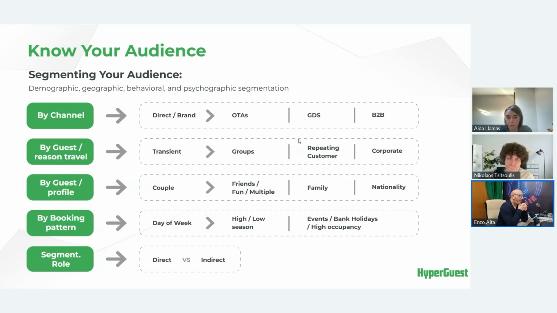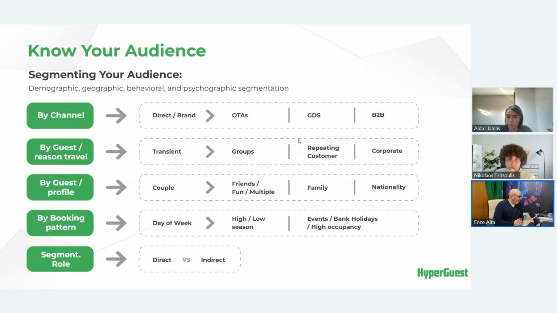In general, when I was working as a revenue manager, I was utilizing these five simple ones. First, your channel: you have your brand.com, OTAs, GDS, B2B distribution. Then you have the type of guests, so it might be transient, groups, a repeating customer, a corporate customer, or by guest profile: a couple, a group of friends, a family, or based on nationality.